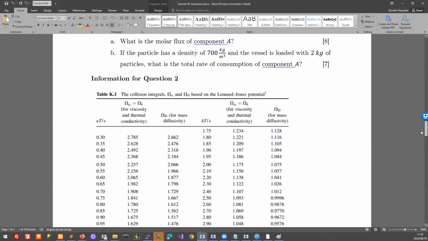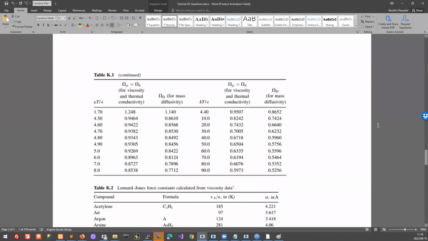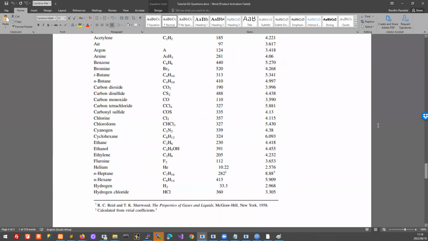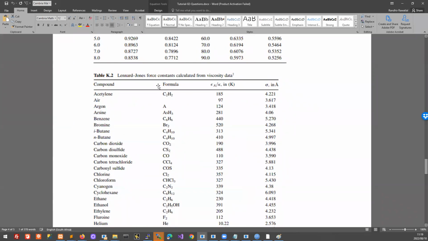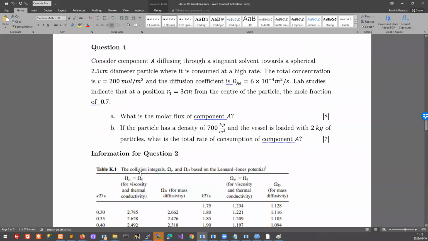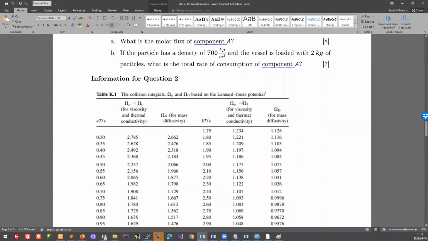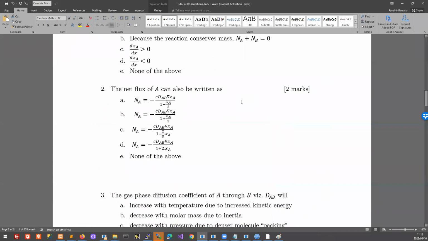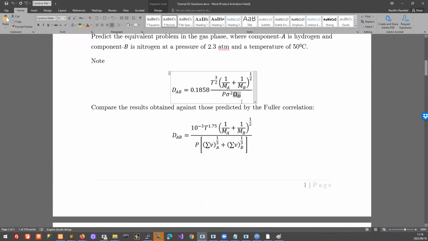That's, of course, your collision integral. So you have to calculate this kappa T over epsilon. And for that, you have available your Lennard-Jones force constants. So you've got epsilon over K here. You just look up for each of your components what those are, and then you use that in your expression. And then from that, you can look up your collision integral.